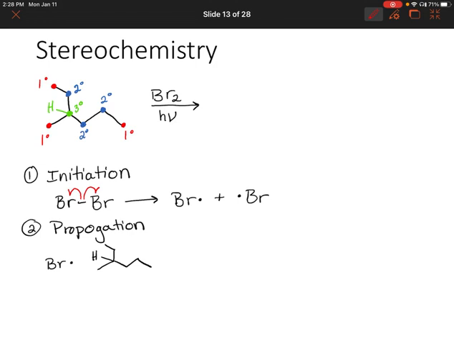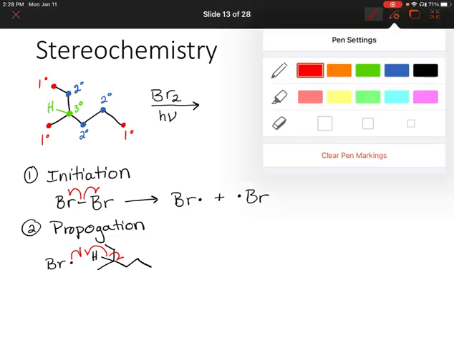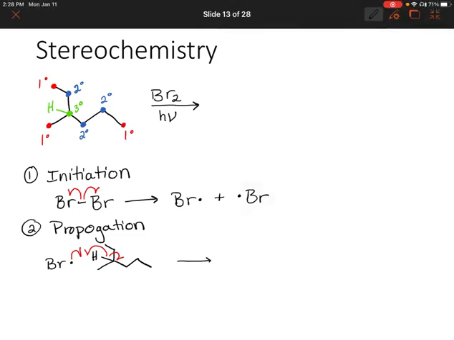All right, so the covalent bond between hydrogen and the tertiary carbon is going to split apart or homolytically cleave, and we're going to form a new bond between hydrogen and bromine. And then we're also going to form a carbon radical, and that is a tertiary radical.